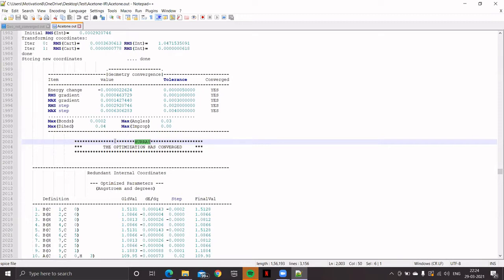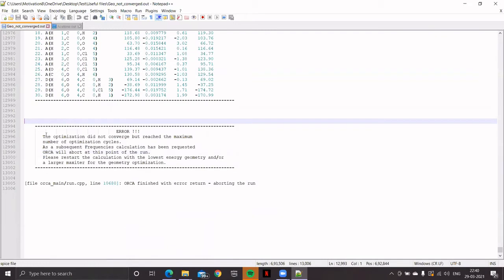So note, in Orca, if a geometry optimization does not converge within a maximum number of cycles, Orca will not go on to do a frequency calculation. I've got another output file with such an error message. You can see here, the optimization did not converge but reached the maximum number of optimization cycles. As a result, frequency calculations were aborted.